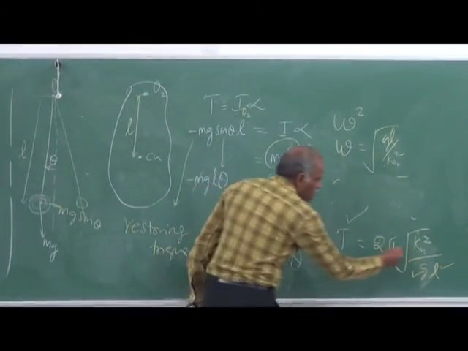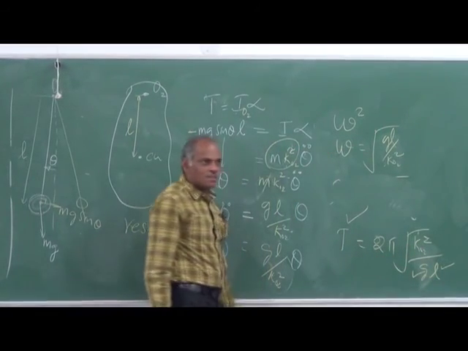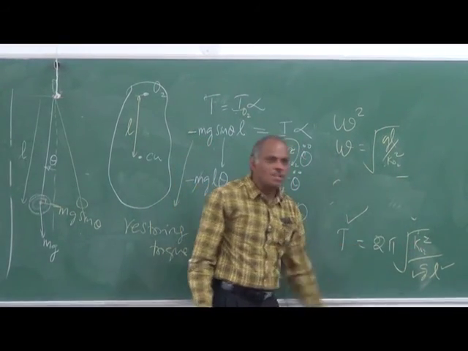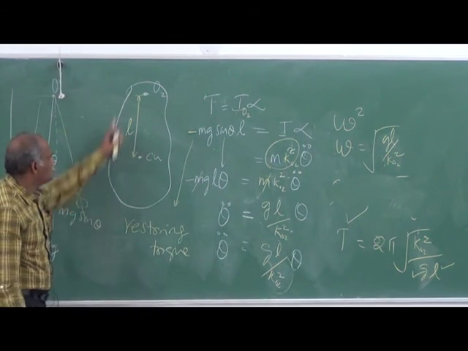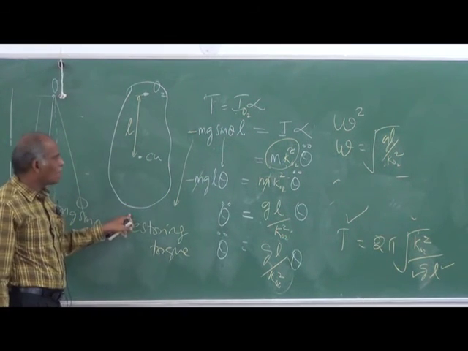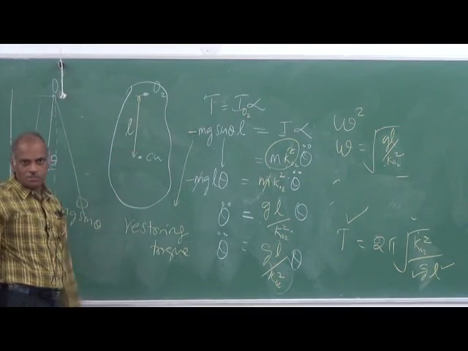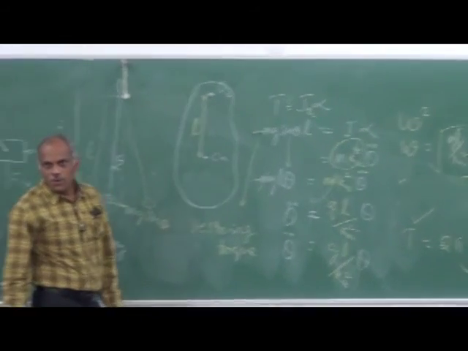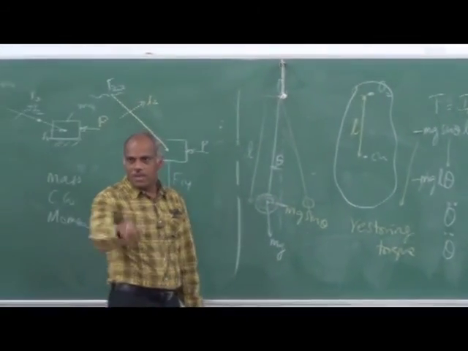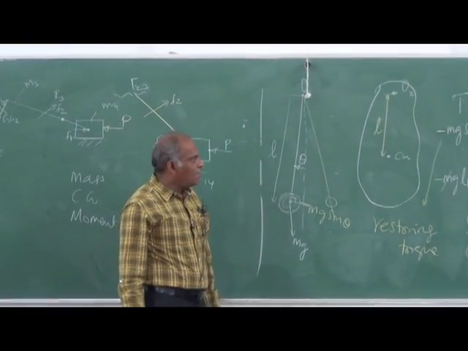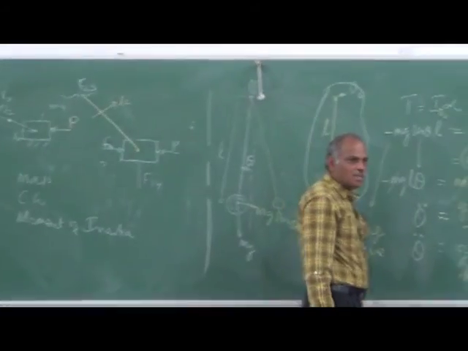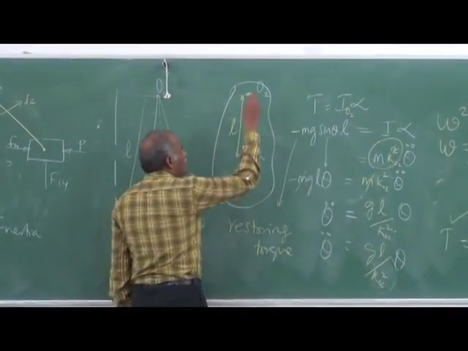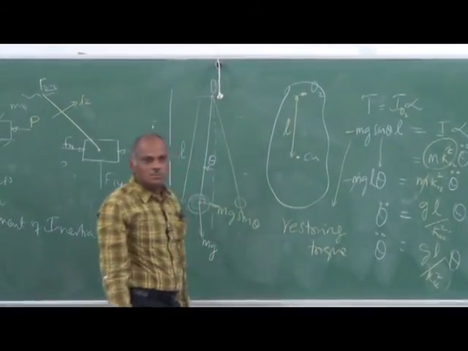So what you will get from this is the radius of gyration of this particular body about the center of oscillation. If you multiply it by m, m into k O2 square will be the moment of inertia of this object about this particular axis.